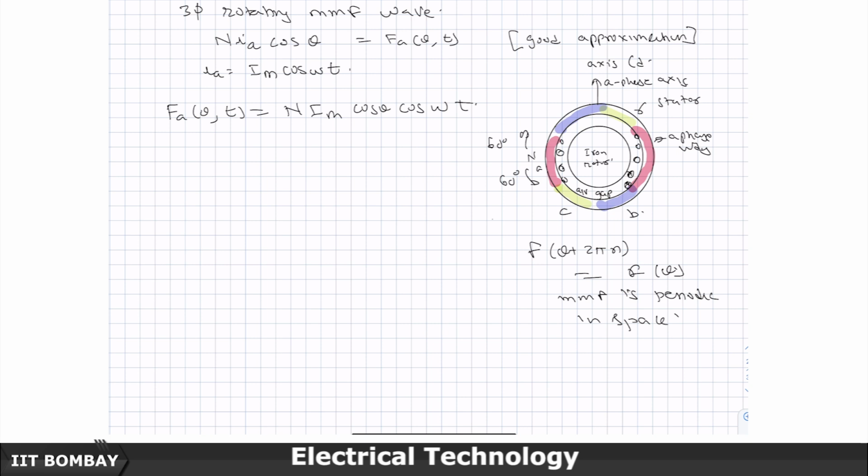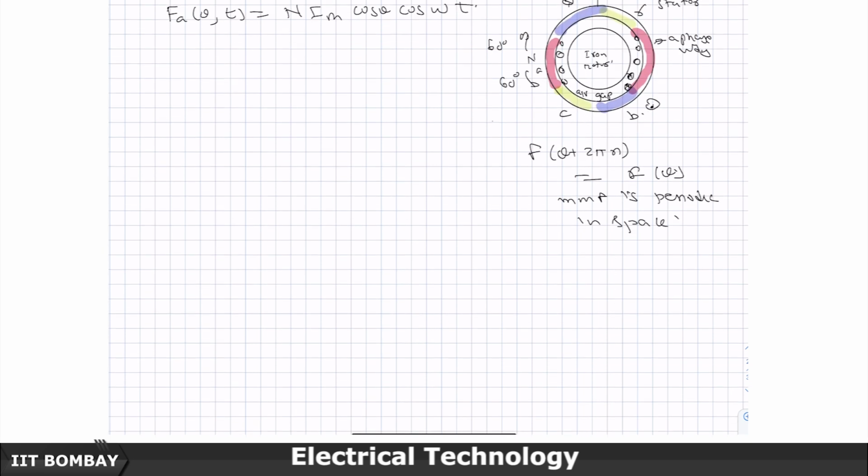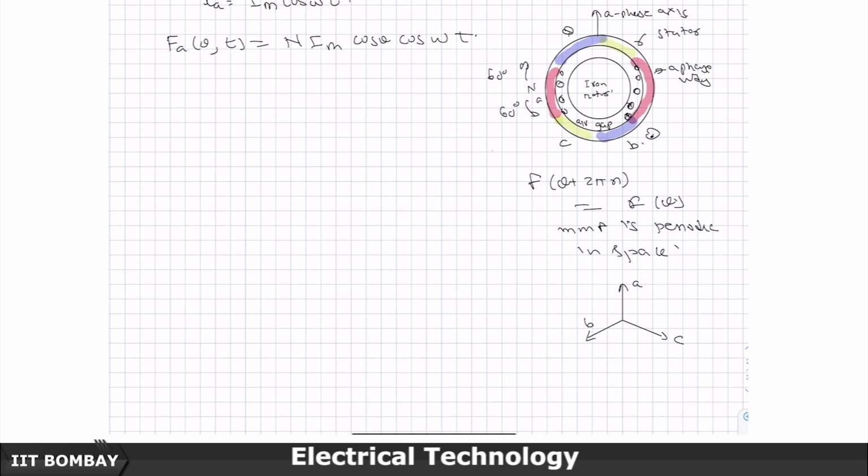So, B phase axis will be again the dots on this side, crosses on this side, and then it will create a winding axis. This will be A, this will be B, and this will be due to the C phase, this one and this one. So, the dots will be somewhere here and the crosses will be somewhere here. So, the dots advanced by 120 degrees, then advanced another 120 degrees.